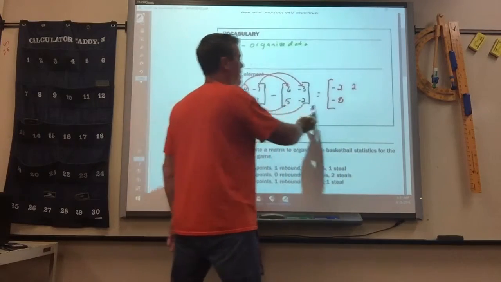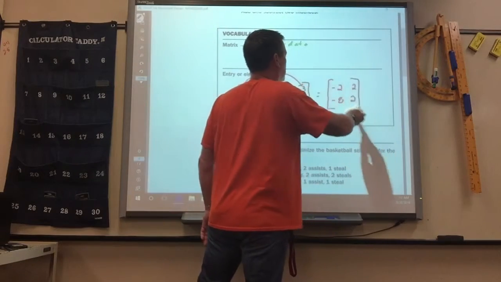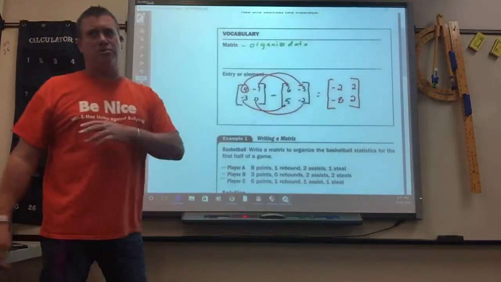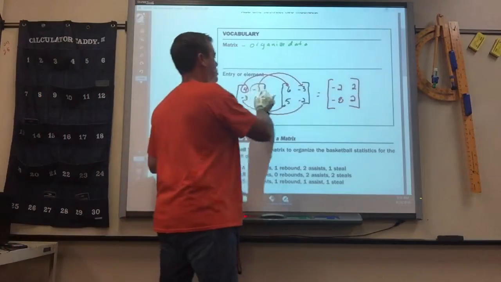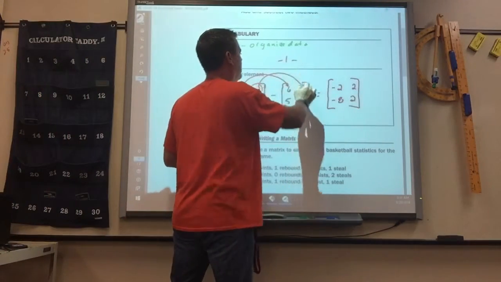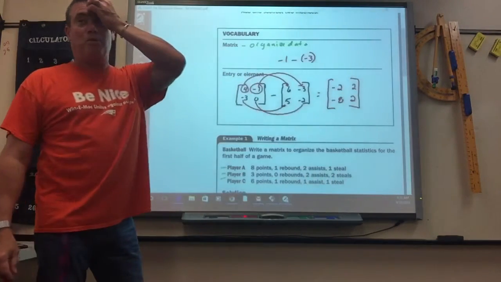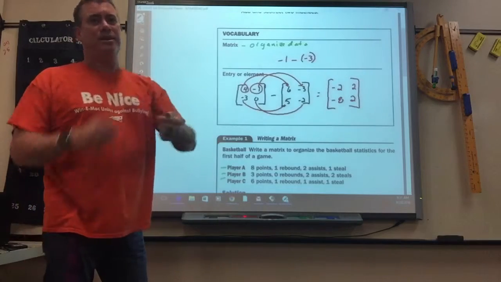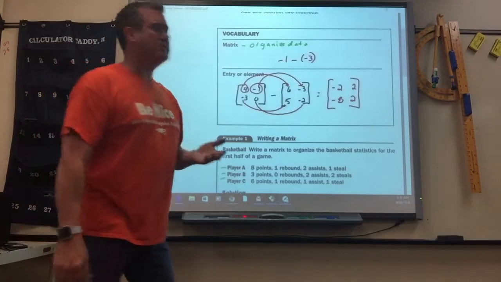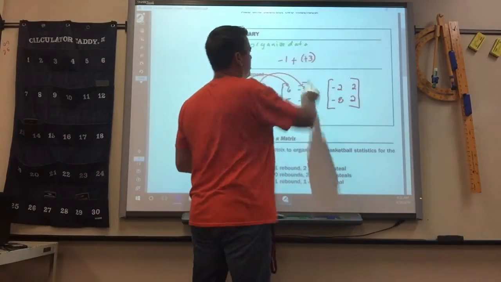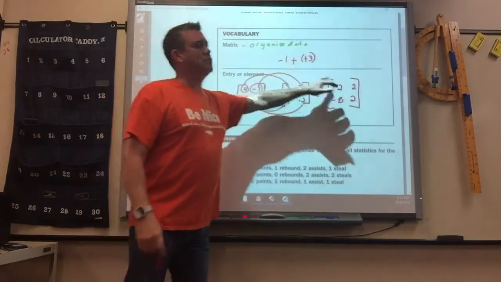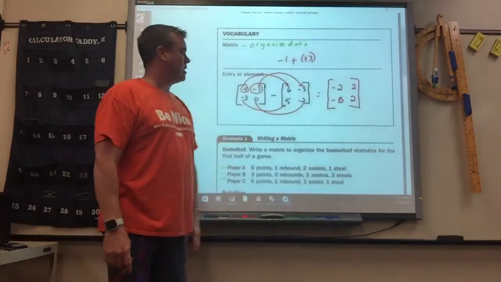And 0, take away negative 2 is 2. Remember to get your subtraction correct, like this one, negative 1, take away a negative 3. Again, you can use a calculator, but hopefully you're getting good enough at this that you don't need to punch these numbers in a calculator. When you subtract, remember you change the sign, change the sign. That's why it turns to 2. Okay?